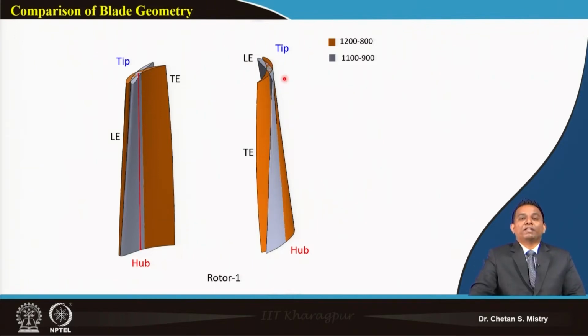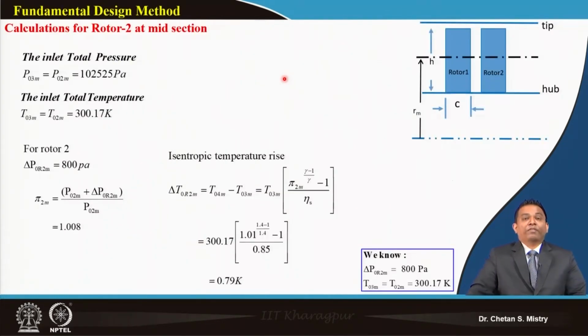Now today we will be discussing the design for rotor 2. When we talk about the design for rotor 2, we are looking for the total pressure and total temperature at the entry of rotor 2.